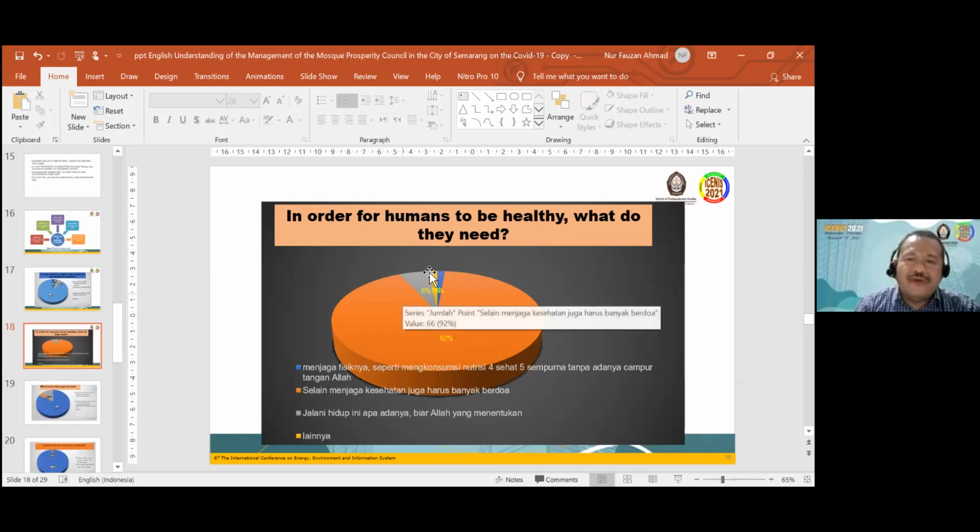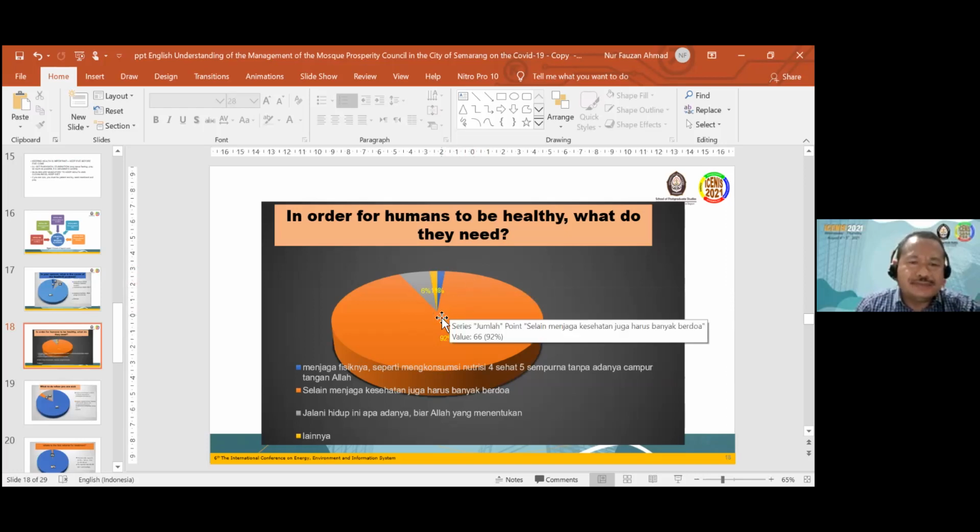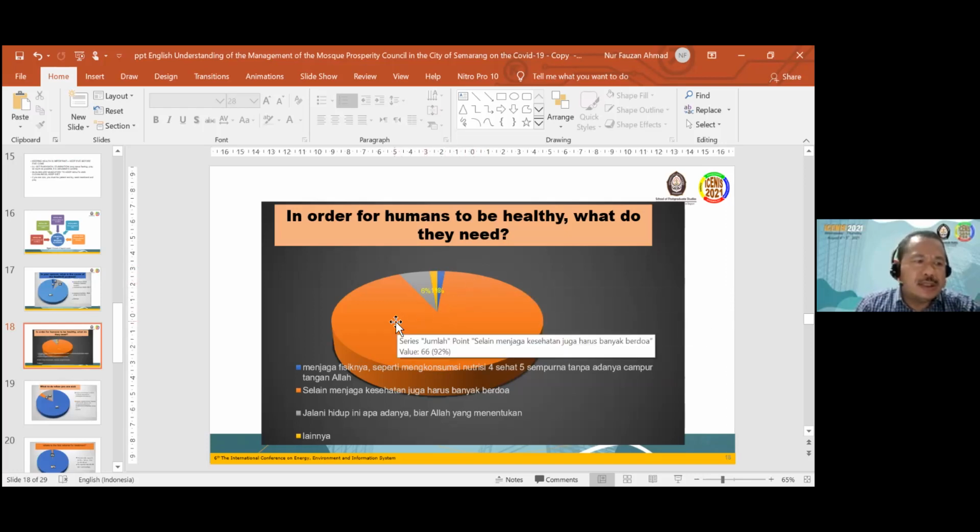In order for humans to be healthy, what do they need? When humans are sick, almost all respondents also say that they should immediately seek treatment to recover, rest, and pray to Allah. A small percentage state that there is no need for immediate treatment because they believe that illness is Allah's means of forgiveness.